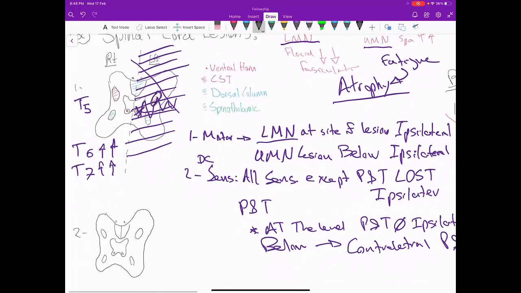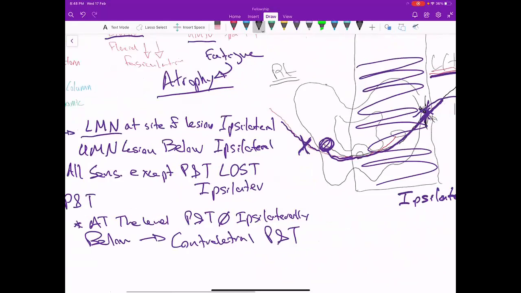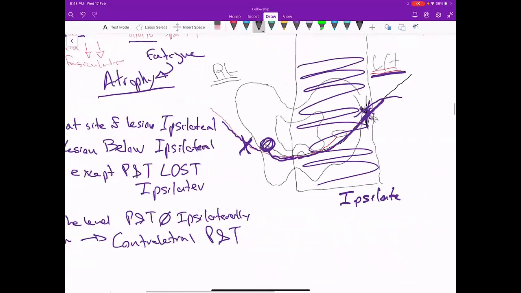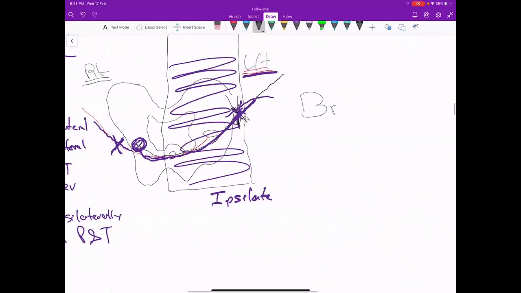So before I tell you about that, what disease is this that we're describing? Can someone tell me? Brown syndrome. Yeah.